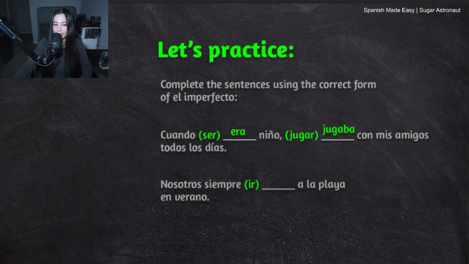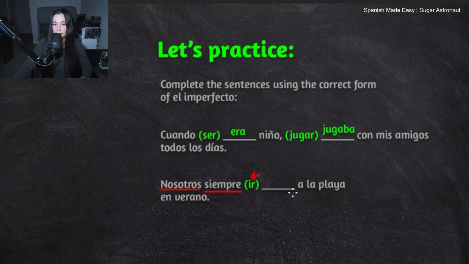Now, lastly, we have nosotros siempre blank a la playa en verano. So nosotros means we, siempre, we always, ir is the verb to go.